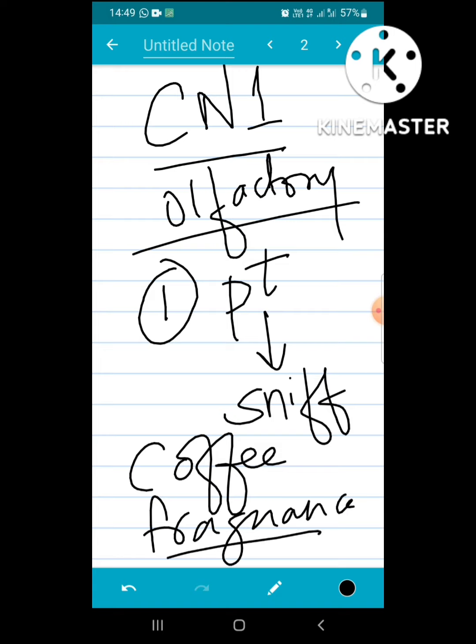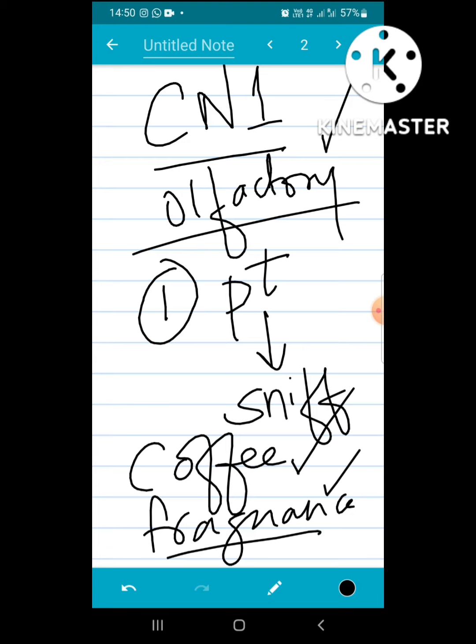Some common fragrance you can use is an essential oil like eucalyptus oil. You tell the patient to smell, and if the patient correctly says it is coffee in this cup and eucalyptus oil in that cup, it means the olfactory nerve is functioning properly.